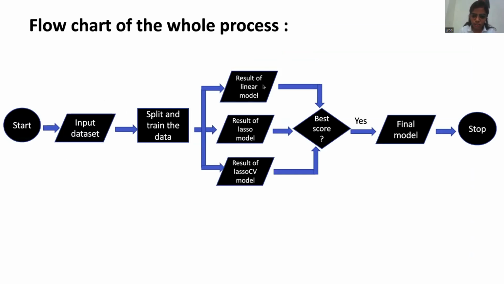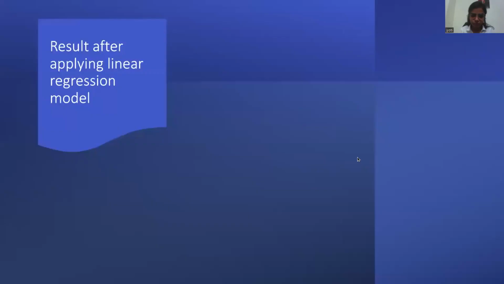And I have used these three models. I trained these models on the training data, and I tested these models and got some scores. The model which gives us the best score, I have selected as the final result.